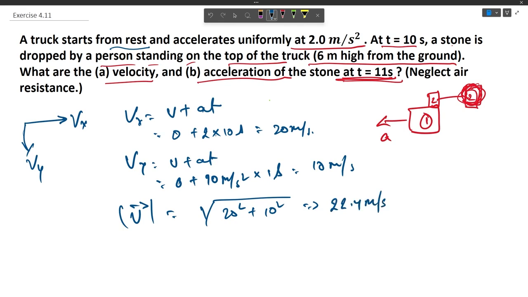Now we have to calculate the direction at which the resultant velocity is acting. So for the direction of the resultant velocity vector, we can move this velocity vector here, and this would be the resultant velocity vector, let us represent it by Vr.